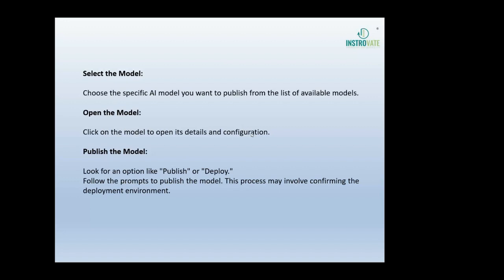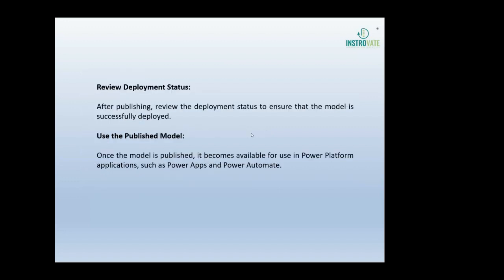Follow the prompts to publish the model, so you can deploy the model into the environment you want. After publishing, you can also review the deployment status, which will ensure that the model is successfully deployed or not. And now after publishing, you can simply use the model in the Power App or Power Automate, in whatever environment you have deployed.